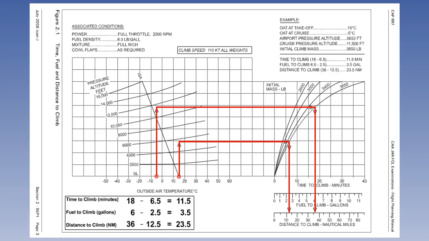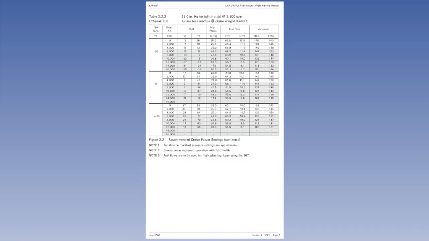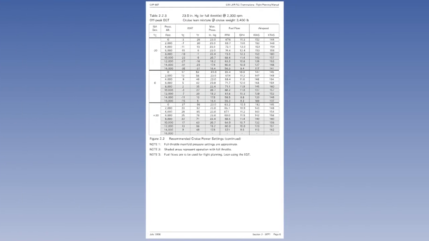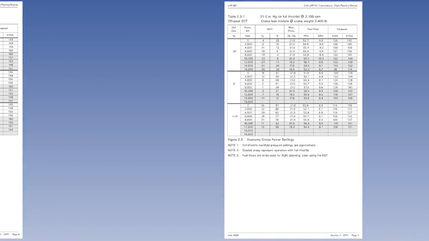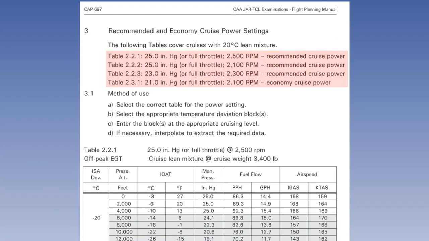When you are ready to proceed, turn to Table 2.2.1 on page 4. The next set of tables on pages 4, 5, 6 and 7 deal with the recommended and economy cruise power settings. Each table has data for a different combination of manifold pressure and RPM. These are shown at the top of the page.